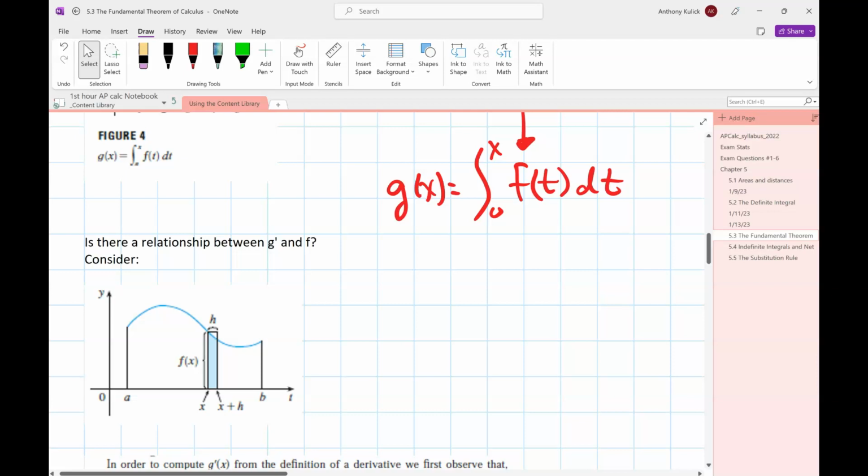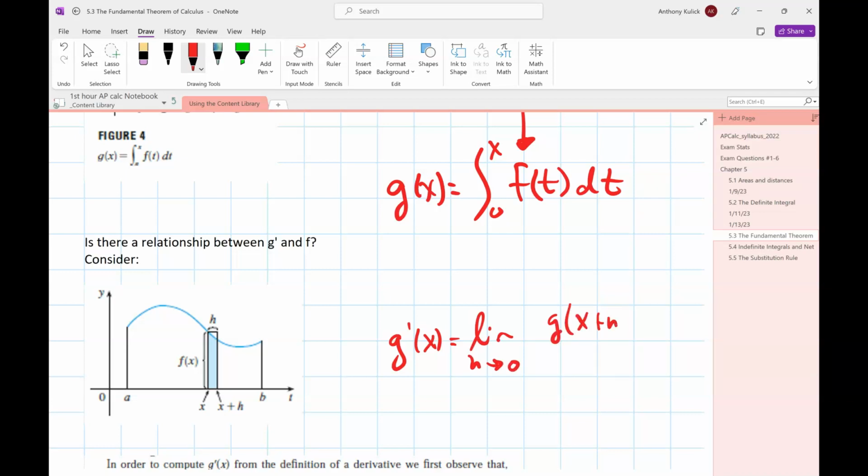I'm going to take some value of x, because I know that g prime of x is going to be the limit as h approaches 0 of g of x plus h minus g of x over h. Everybody agree with that? That's just our definition of a derivative.